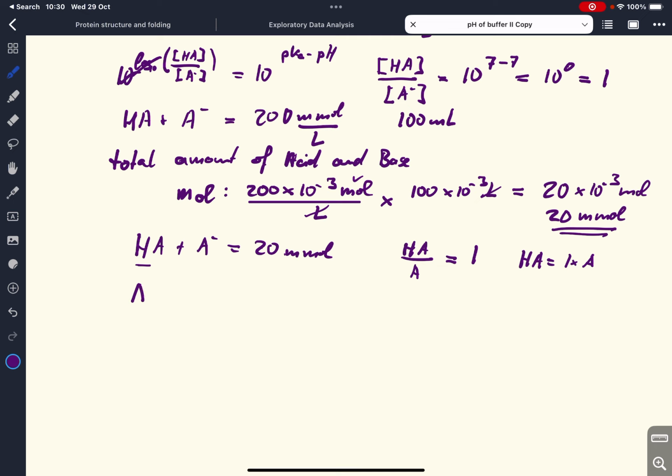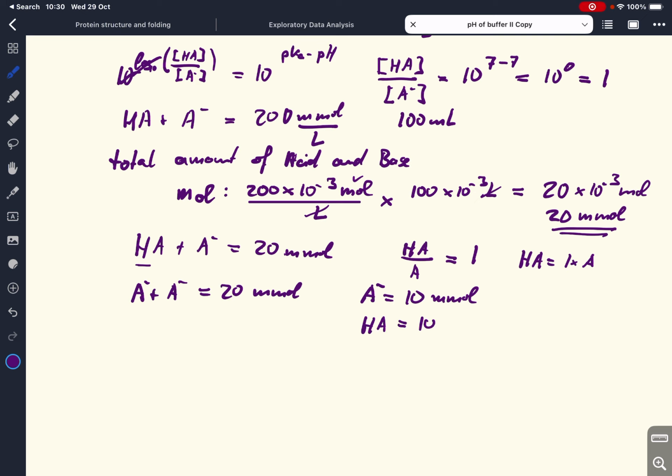So we've got A plus A equals 20 millimole. And of course we can factor A out, and we have got A equals 10 millimole. And of course HA in this case also would be 10 millimole. So these are our amounts of acid and base that we have given in this buffer.